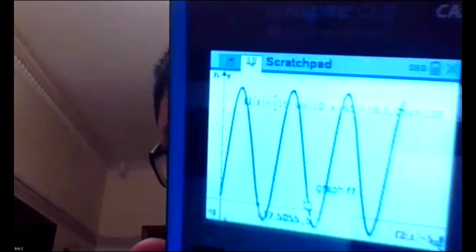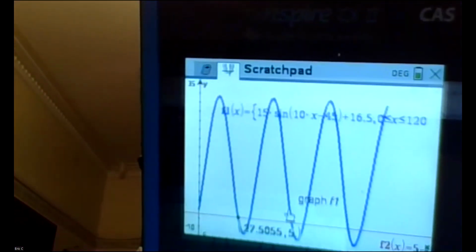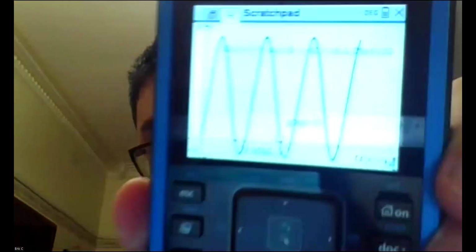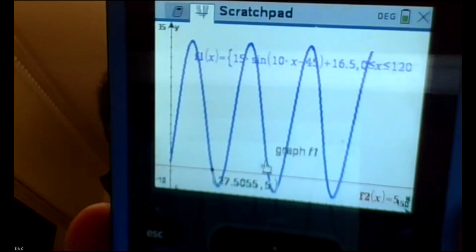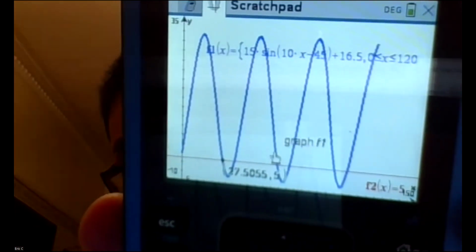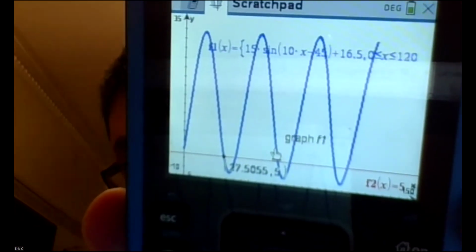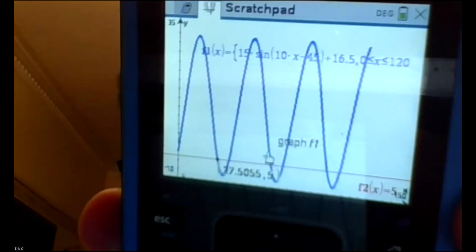So the next question is, how many times will her seat pass the access platform in the first 2 minutes? In that case, because our domain is already restricted to 2 minutes, which is 120 seconds, we just need to count how many times the straight line, h equals 5, intersects with the sinusoidal graph.